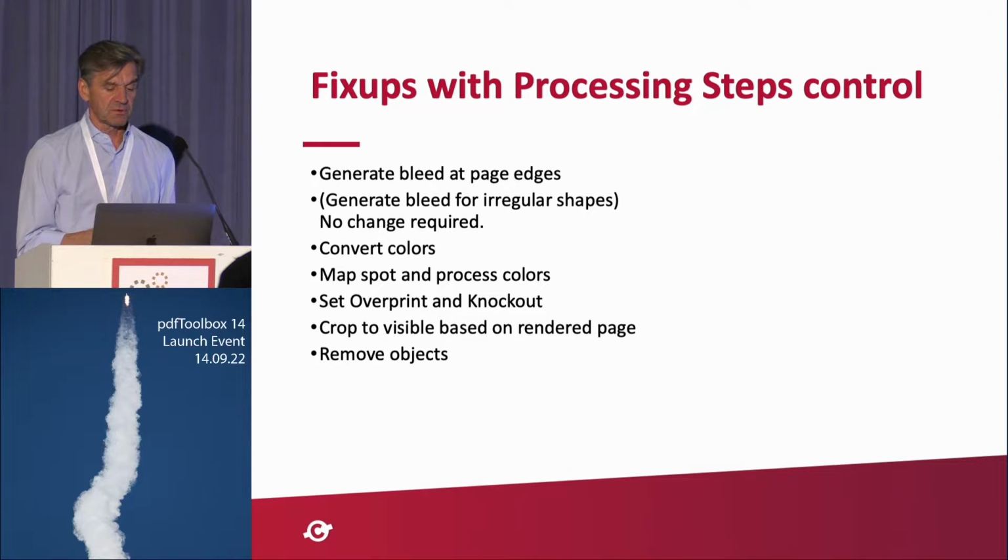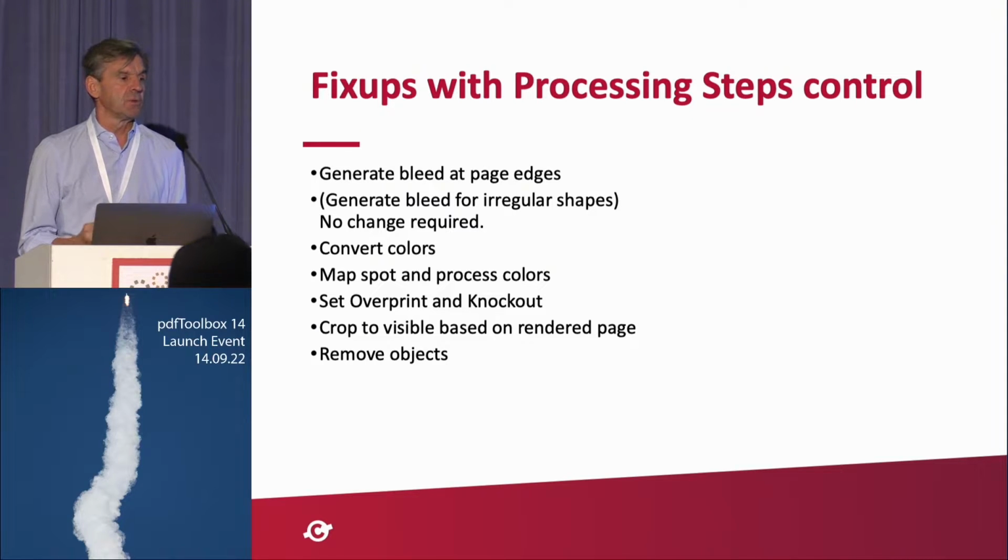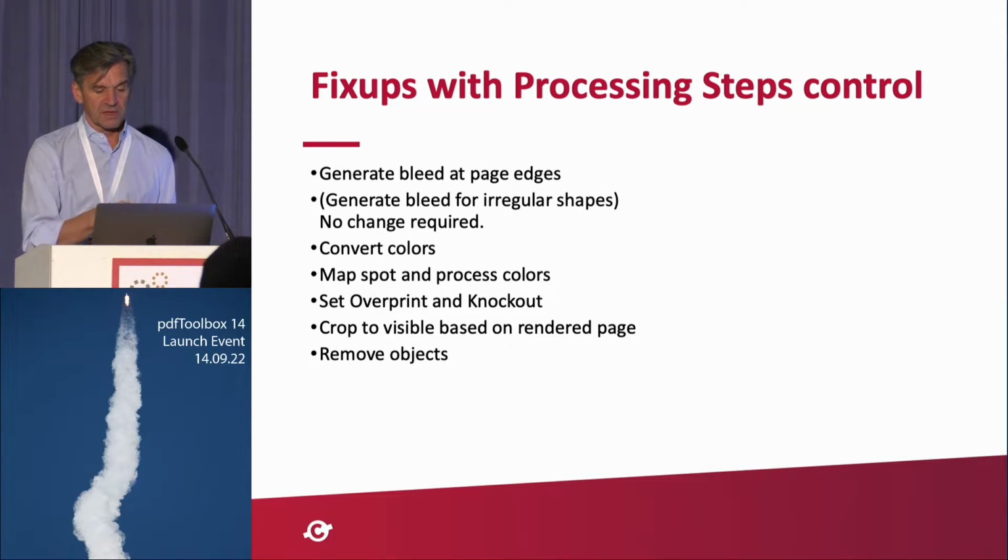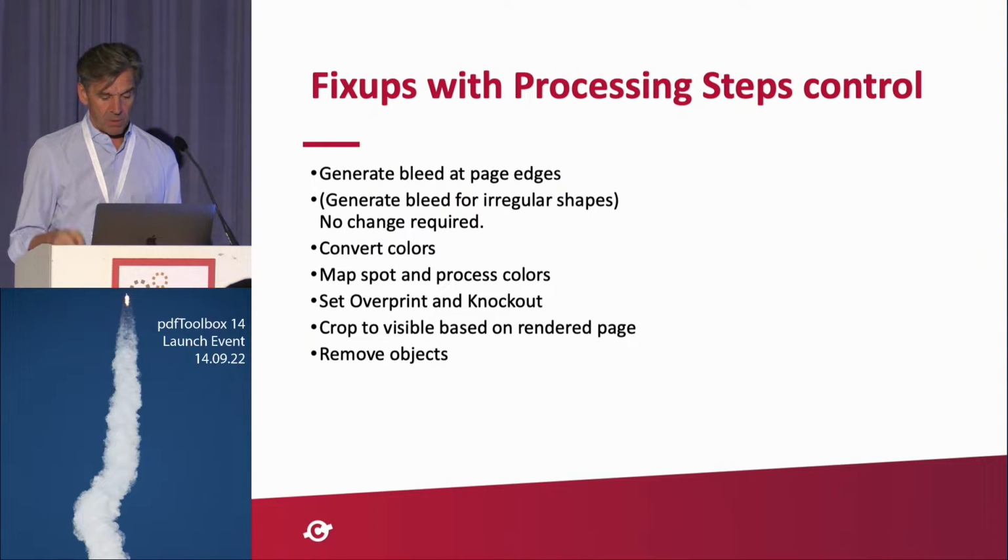When you map spot or process colors, you would want to exclude processing steps. If you modify overprinting or knockout, or if you crop to visible based on the rendered page, you may want to ignore the legend, for instance, that is on a processing steps layer, and you don't want to take the legend into account when you crop the page or when you remove objects. Those are the Fixups where this pop-up is available.